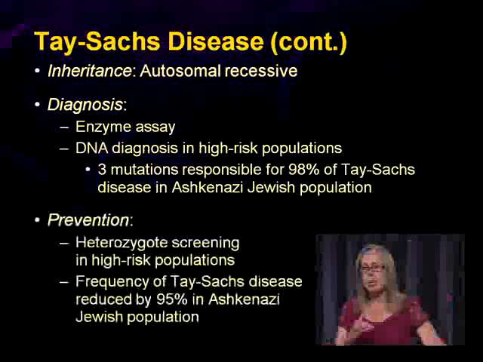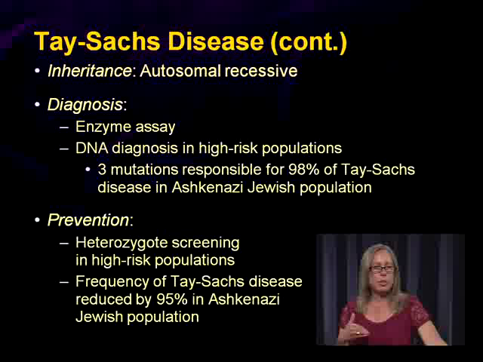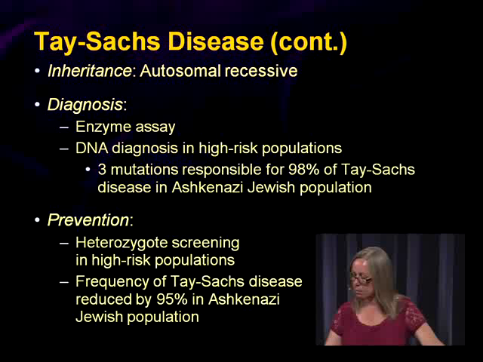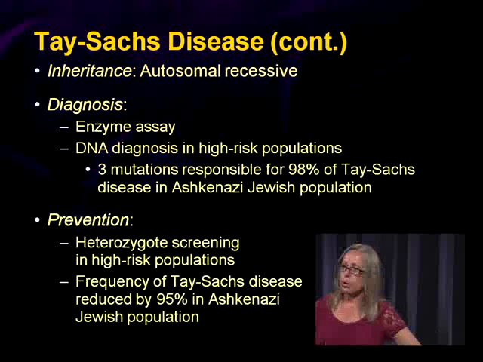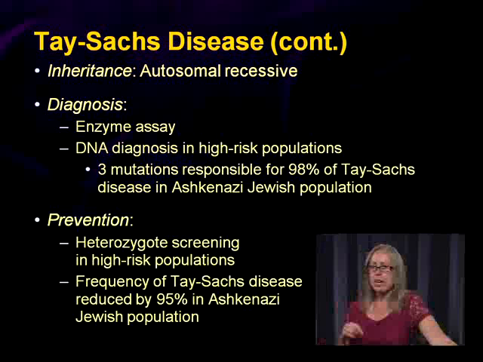Some will do it in childhood, so that way the matchmaker will match you with somebody that is not a carrier. In others, they just offer it as a pre-marriage or pre-pregnancy screening and counseling. So it really depends on which community you live in. But we've decreased the rate of frequency of Tay-Sachs in the Ashkenazi population by that technique.